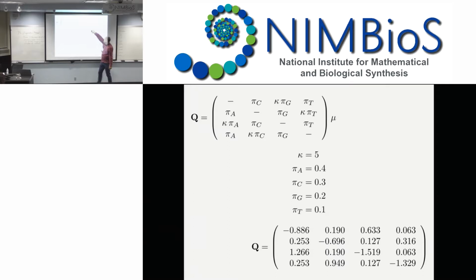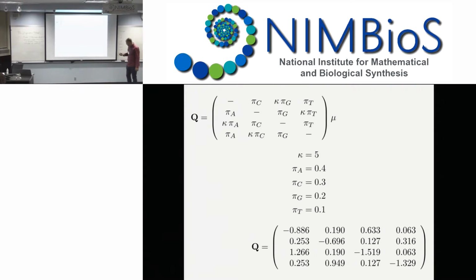Well, notice there's this little mu here. That's a scaling factor. What we do is we scale these rate matrices such that the average rate of change is 1. Initially I had a 0.2 here, but then I rescaled all the numbers in that rate matrix so that the average rate is 1. I don't think I'm going to be talking about how to rescale the rate matrices so the average is 1. It's not difficult, but if you're interested, I can show you. It's not conceptually difficult. It's a weighted average. So that's the first thing I wanted to say.